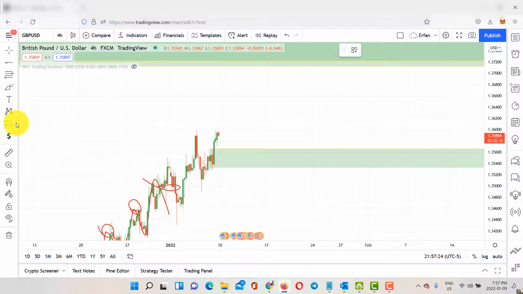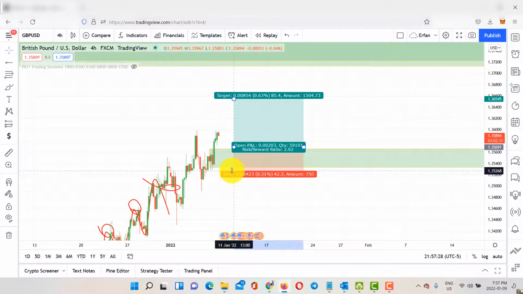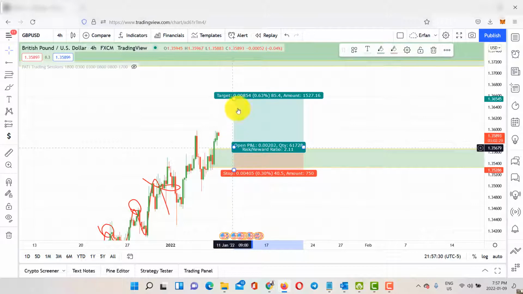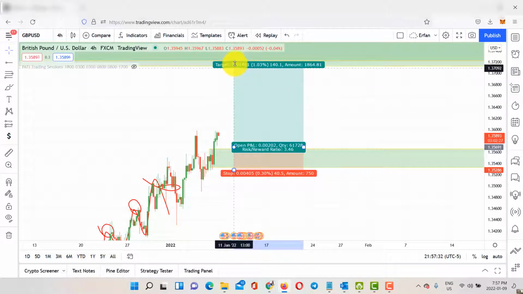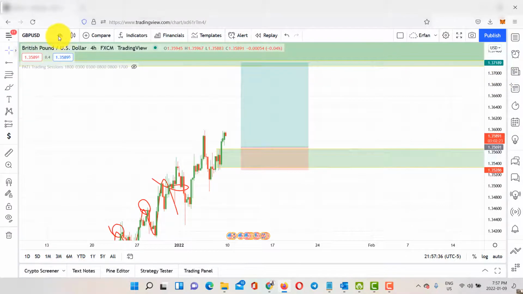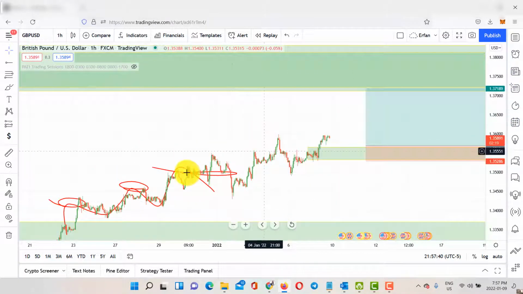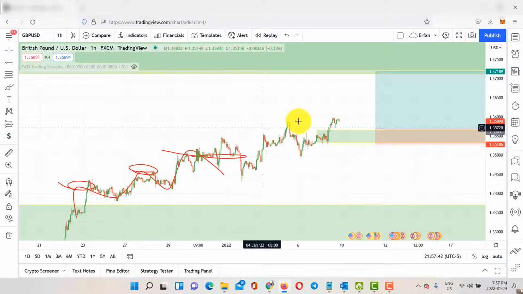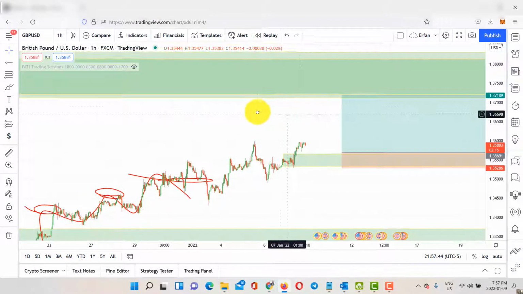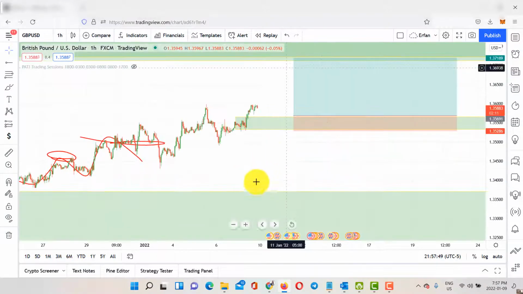So it's going to be a 1 to 4 risk to reward ratio trade. And that's pretty much it for GBPUSD. It's clearly uptrend. In 1 hour, we have higher highs and higher lows. In my opinion, it's trying to reach this level right here, and then it comes back to filling these gaps and tap this order block. So it's very, very fundamental to know where the order blocks are. That's what I'm saying. Smart money concepts strategy is amazing.